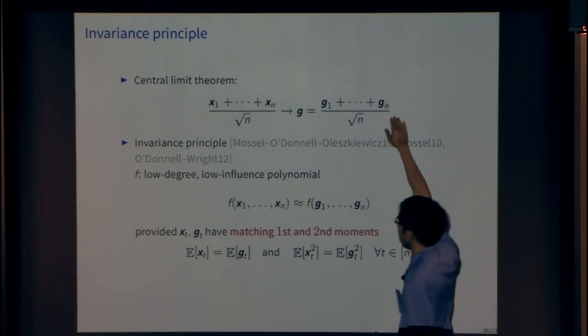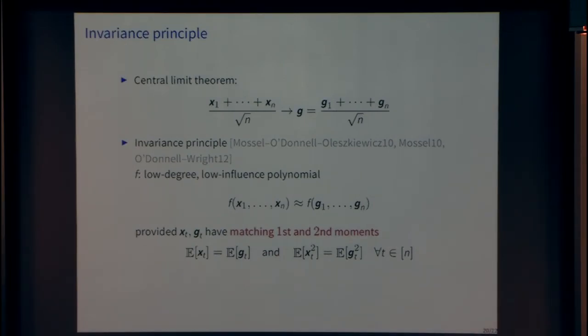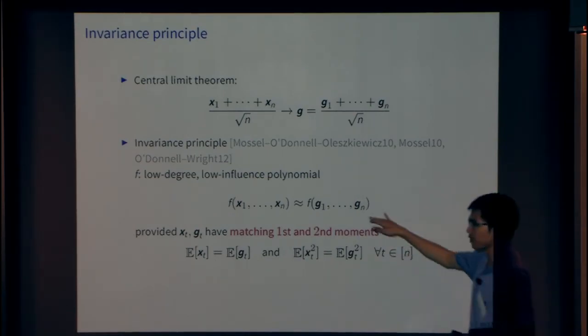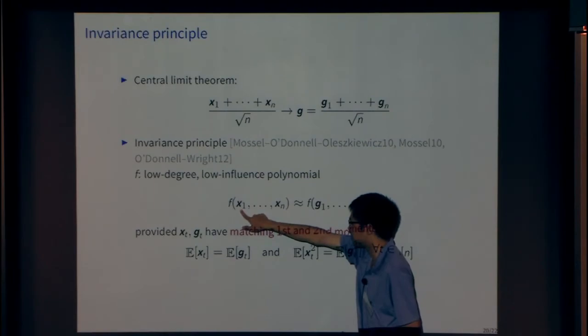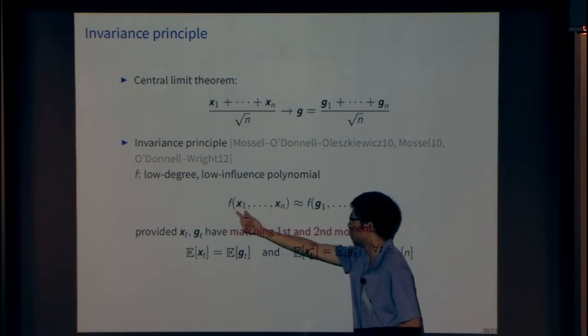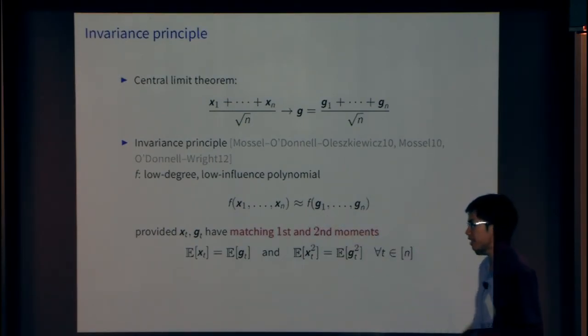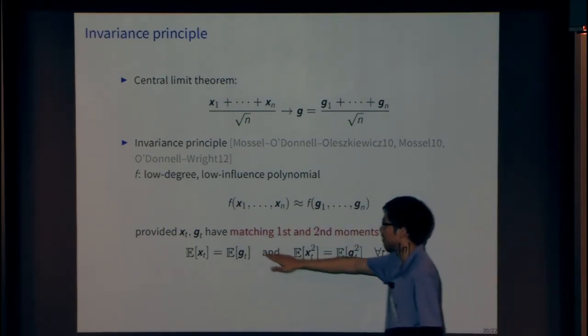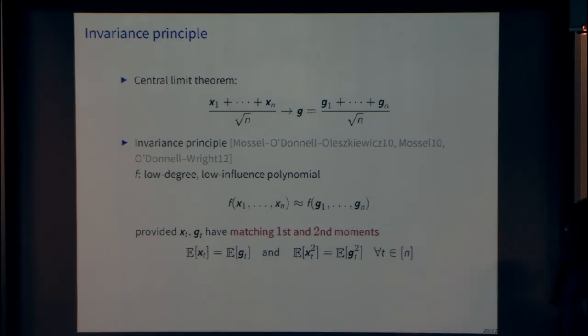So the central limit theorem is a special case where the polynomial sums all the inputs and scales down by some factor. The invariance principle is more general, and it applies not just to plus or minus 1 variables versus Gaussians. It applies whenever the variables have matching first and second moments.